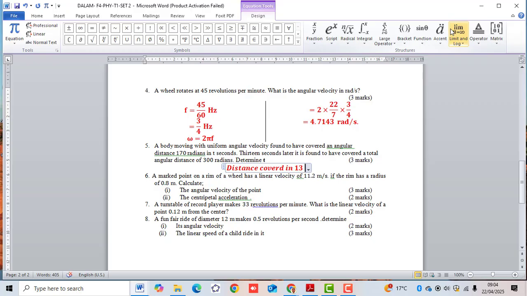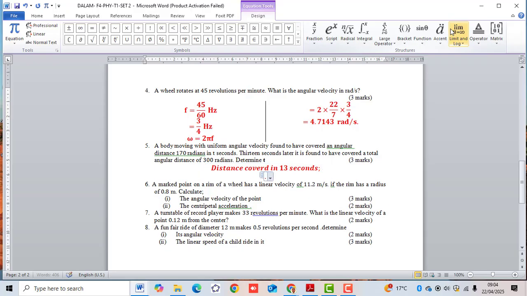Listen. 13 seconds later, it is found to have covered a total angular distance of 300 radian. Now my question is, what is the angular distance covered in 13 seconds?